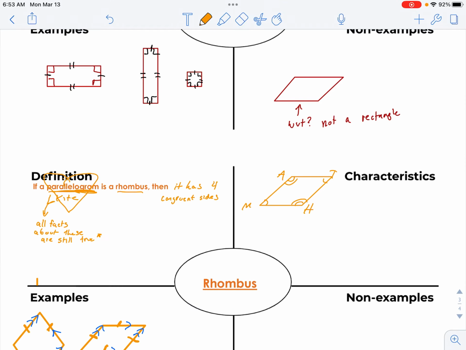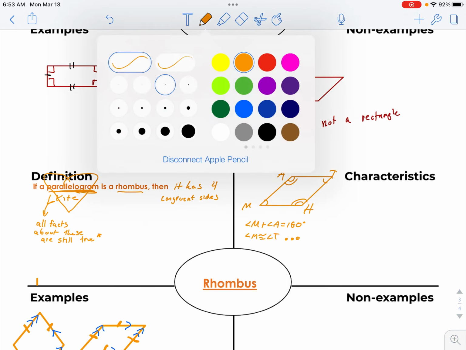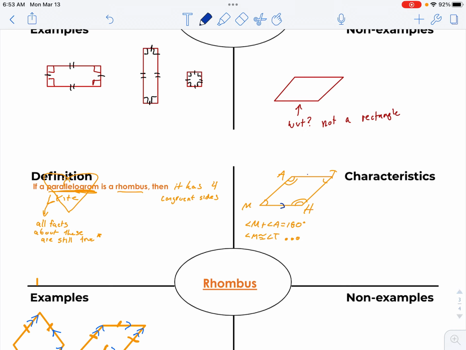Okay, so like angle M plus angle A equals 180. Measure of angle M, I should put measure, but I didn't, oops, is congruent to angle T. I'm gonna put dot, dot, dot, because there's more combinations we could go through. And that's a side effect of the parallel lines.